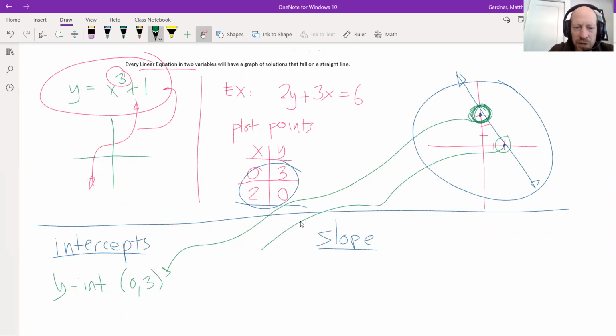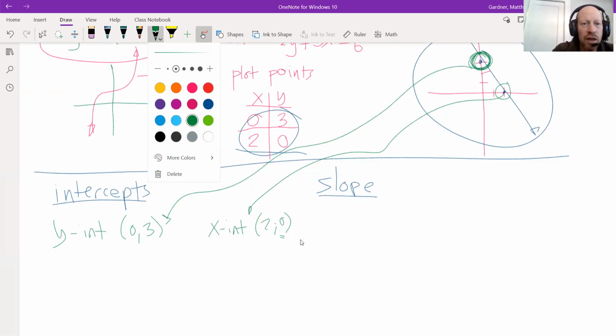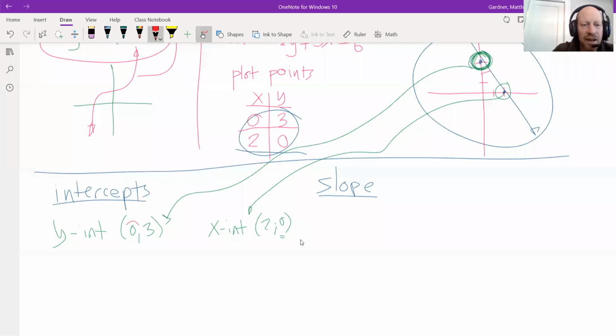And then, of course, we also have an x-intercept, which is (2, 0). What you should notice about the intercepts is that for the x-intercept, the y value is 0, and for the y-intercept, the x value is 0.